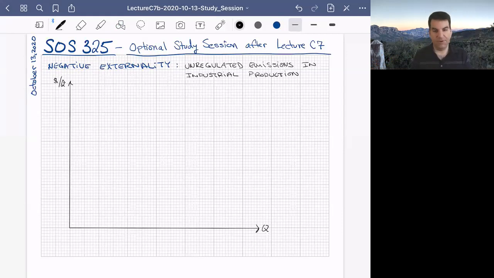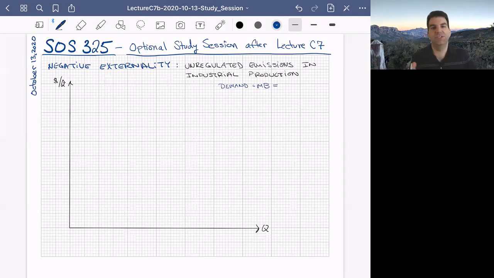And let's assume that we've got a good that has a certain marginal benefit. And so we're going to say that the demand is equal to the marginal benefit. And then I can give you a formula for this.